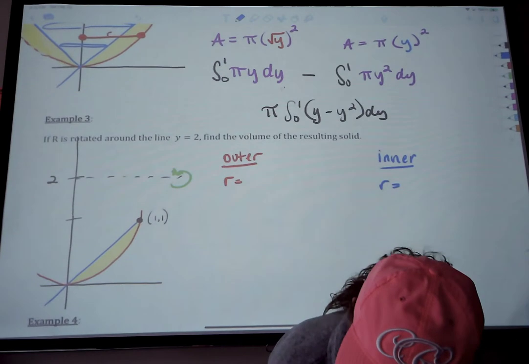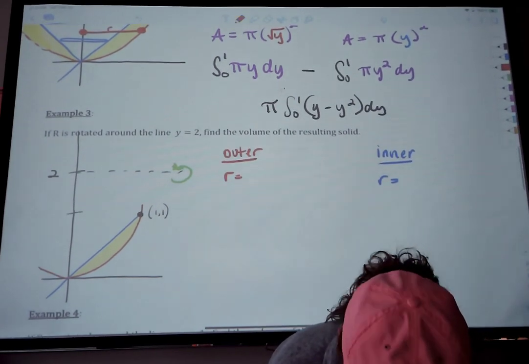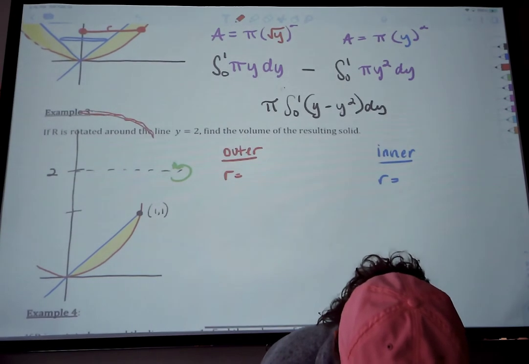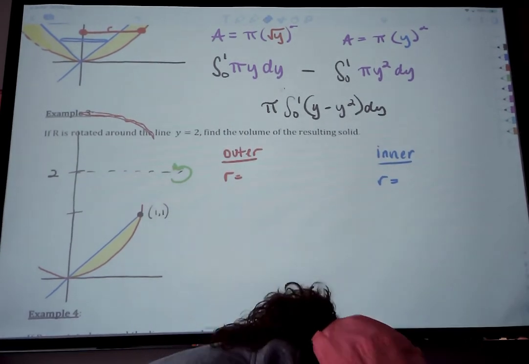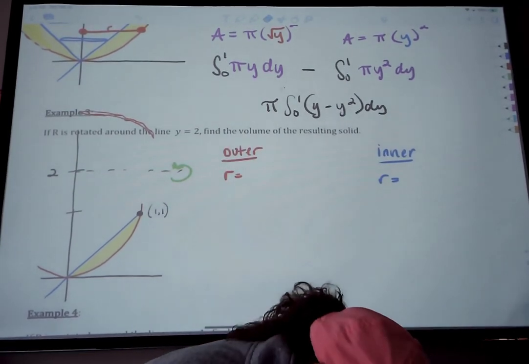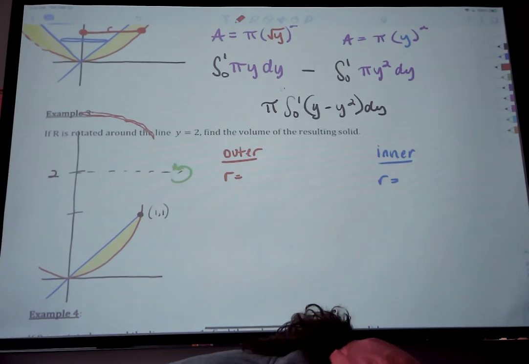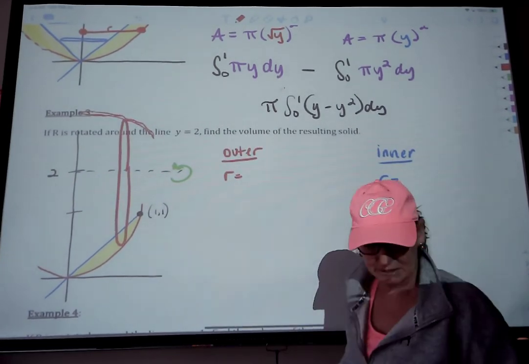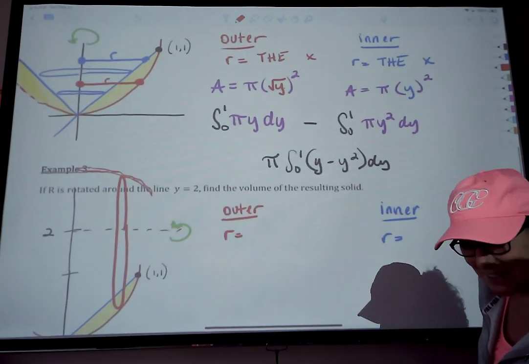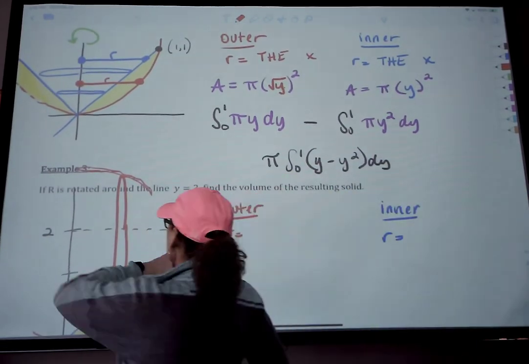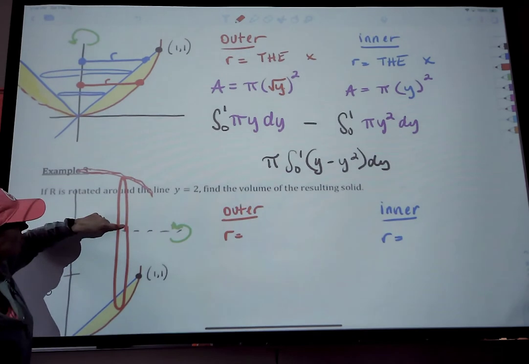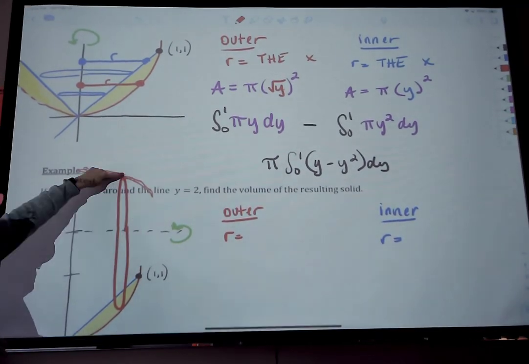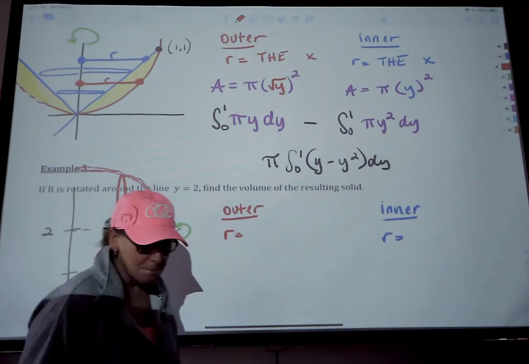So if I draw a couple of them, this is going to be hard. Red's going to be way up here. Yeah, that's a bad drawing, but hopefully you can see that I've drawn a circle from red outer down here to red outer up here. My radius.